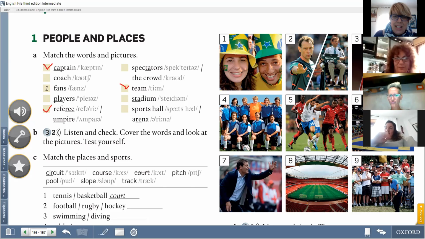This is a team. They're supposed to do a football match, I think, because you see the ball here. And even their uniforms are identifying that they are doing sport. Number five.